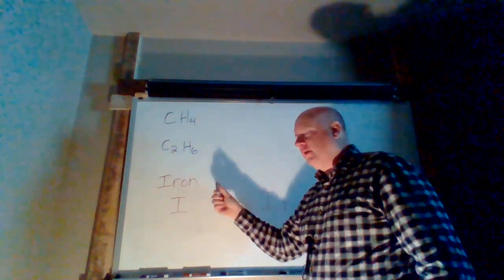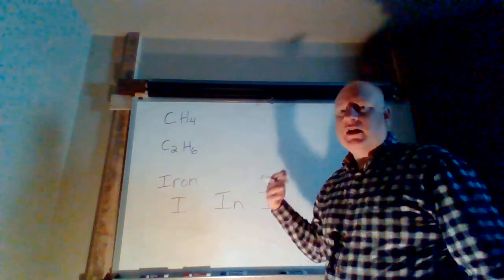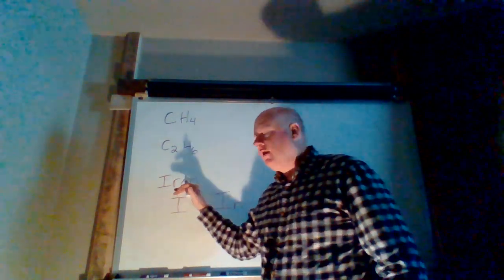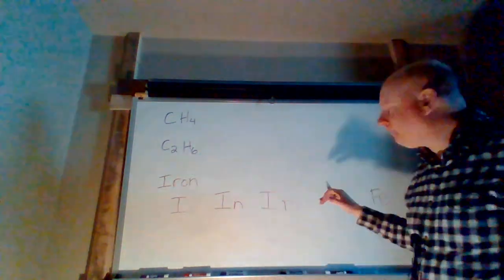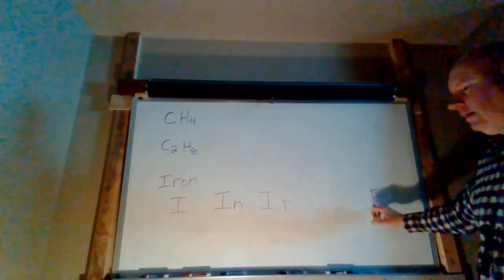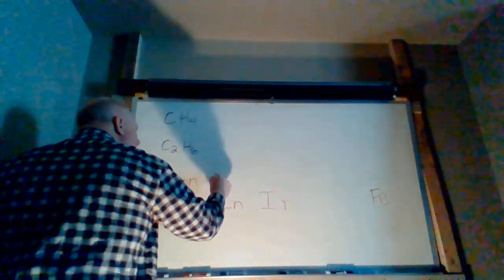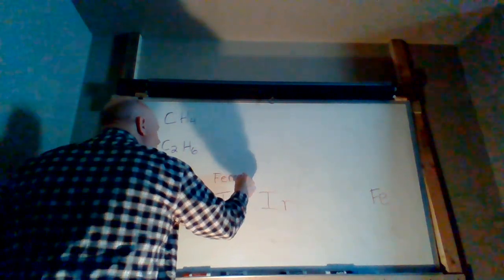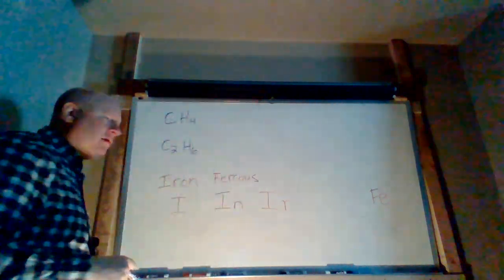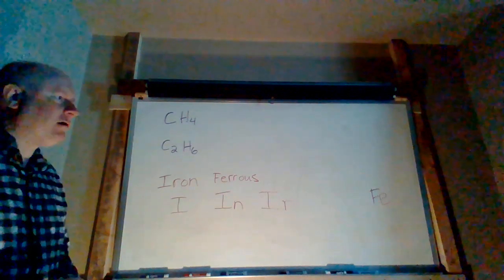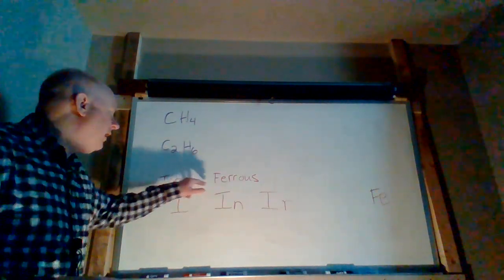But I think what we have talked about in class is actually where this symbol comes from. Fe comes from the Latin term, which means this. If you have a ferrous metal, that means that you've got iron in it.